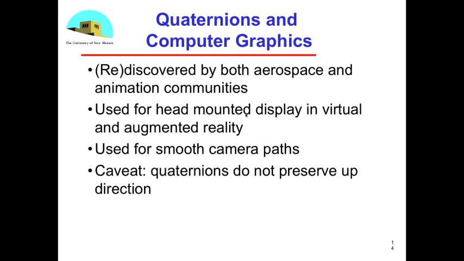It turns out if you do quaternions, it doesn't have any reason to preserve that direction because it doesn't have any underlying frame in it, and so it doesn't preserve that up direction. So even though you get a smooth motion along the trajectory that you're trying to go along, your camera can have its up direction moving, and that can be kind of annoying. But in fact, they are used very routinely.